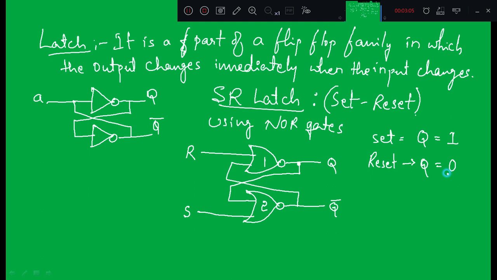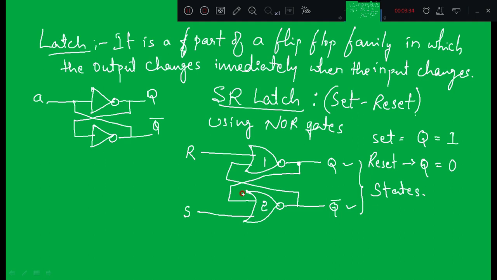Q is equal to 0, that means the state of the latch will be equal to 0. Here the outputs of these gates are not called outputs, they are called the states, right? The state values will tell what the latch or the flip-flop is going to store.